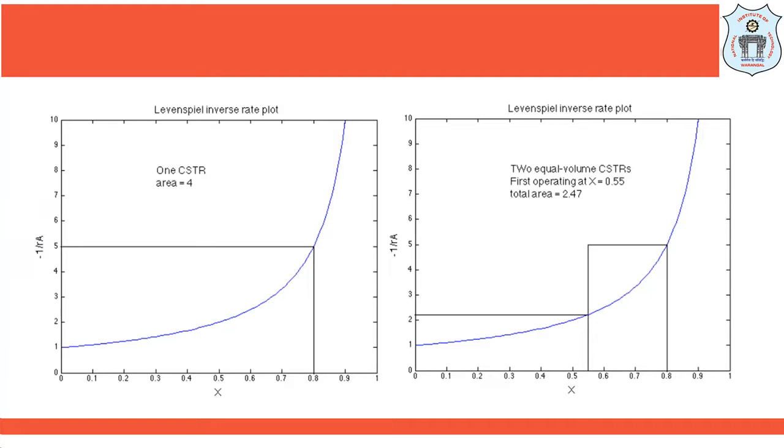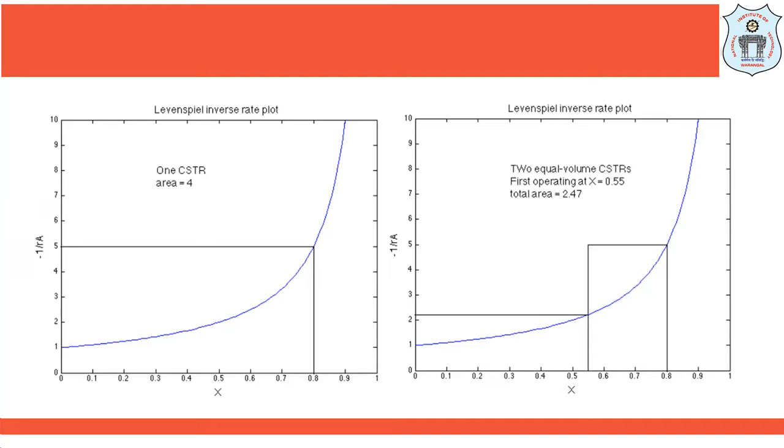Okay, the first one is operating at a conversion of 55%, that is 0.55. So you can see the total area when you use a single CSTR and double CSTR. In the left hand plot we see the construction of one CSTR with 80% conversion, and the area of the rectangle is tau by Ca naught, which comes to around 4.